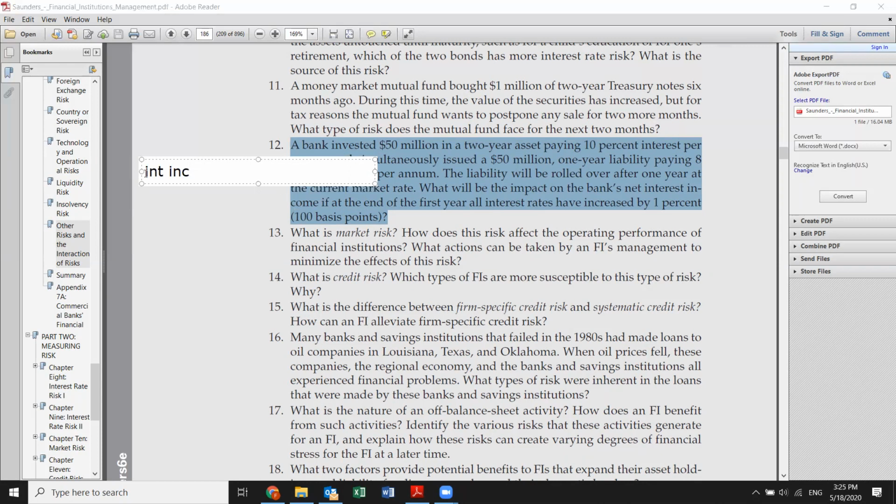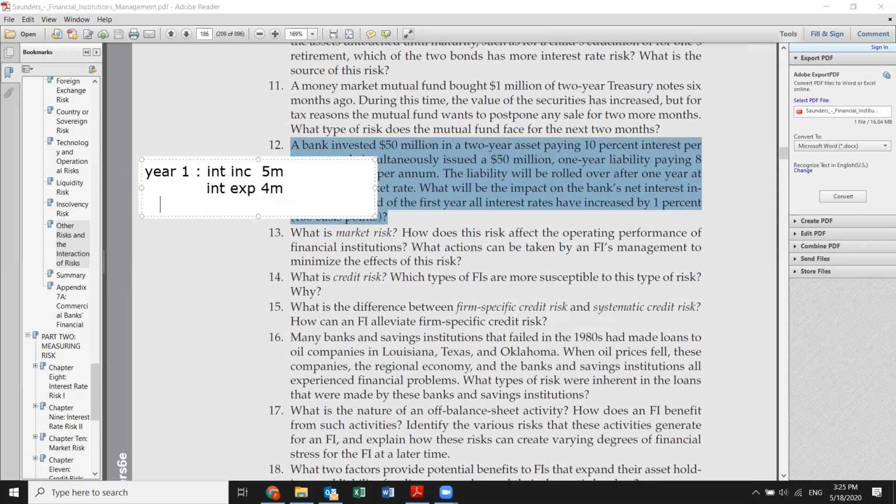Year 1: interest income is equal to 50 million with 10%, which makes 5 million, and interest expense, the liability side, is 50 million with 8%, which is 4 million.